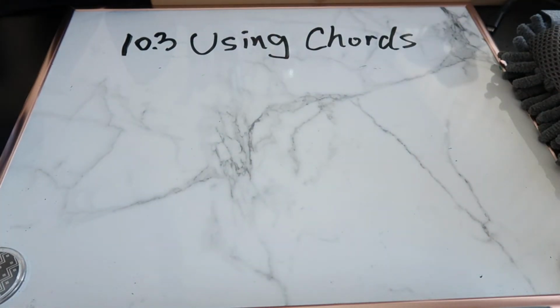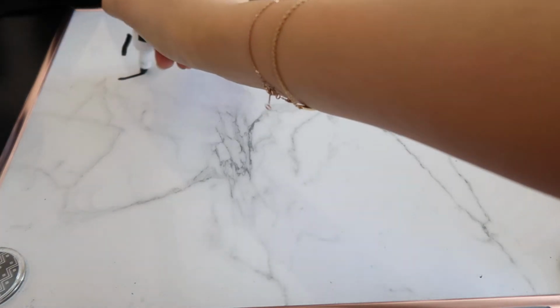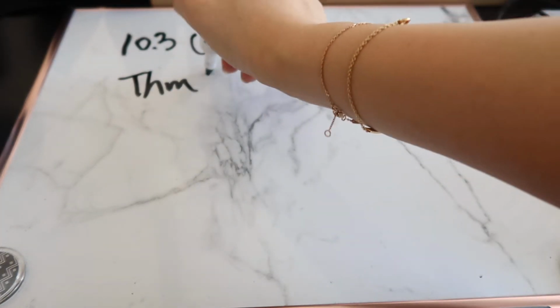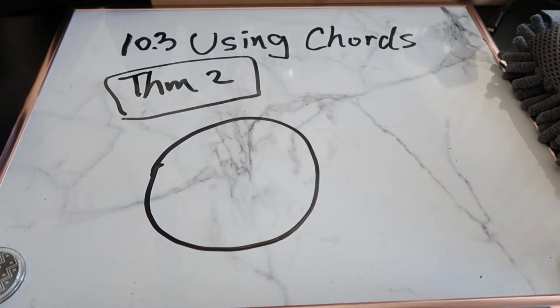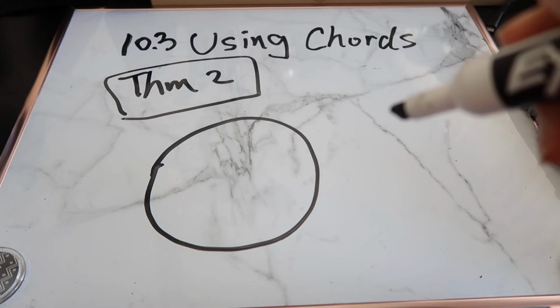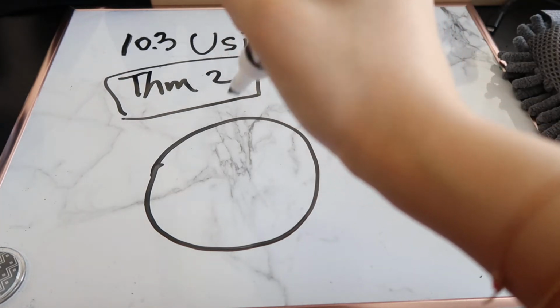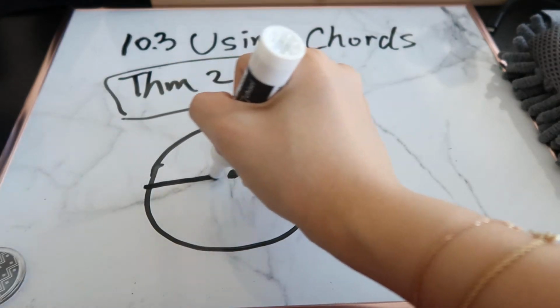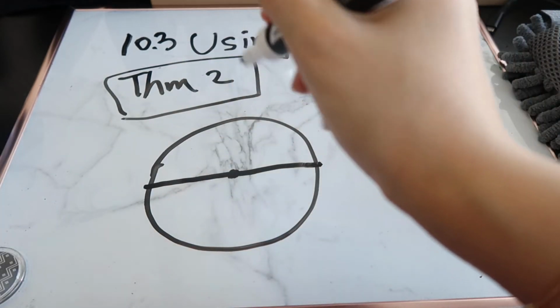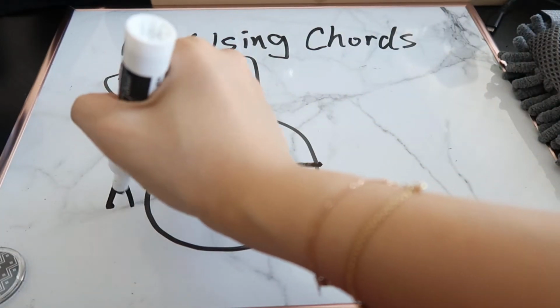Alright, let's move on to theorem 2. Here we also have one big circle, and inside here this is our center. So here is our diameter.